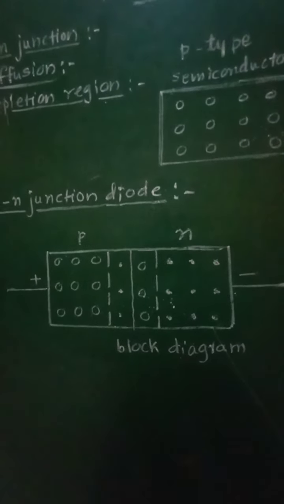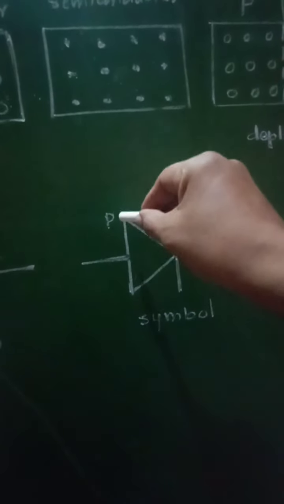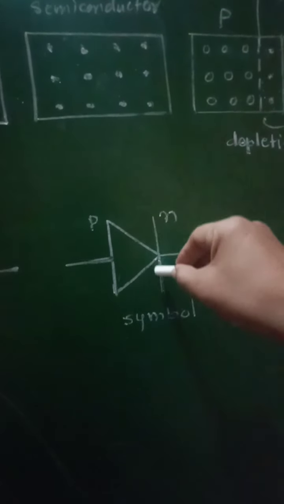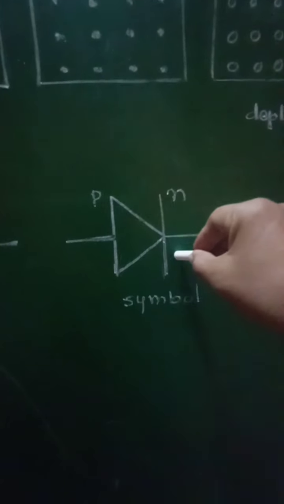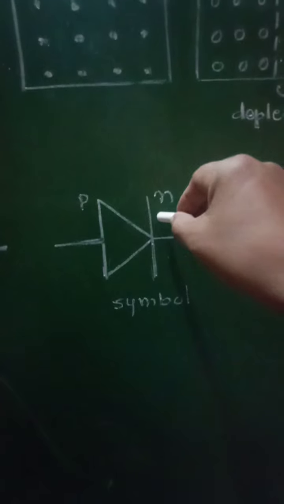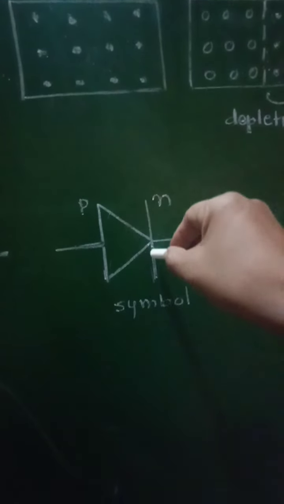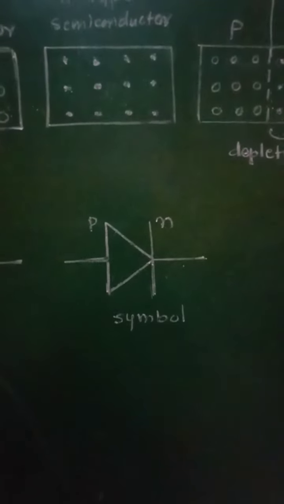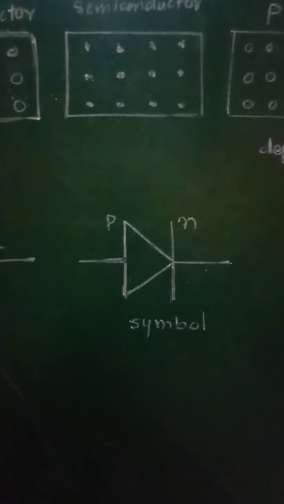And now if you consider the symbol of this PN junction diode, this side will represent P region and this opposite side along this line will represent N side, and therefore the PN junction diode will be symbolically denoted like this. For this base of the triangle, the negative terminal will be shown parallel, and therefore this will represent the symbol for PN junction diode.